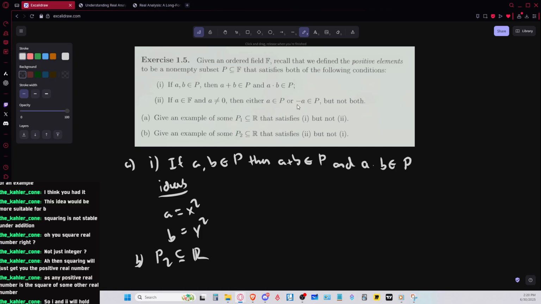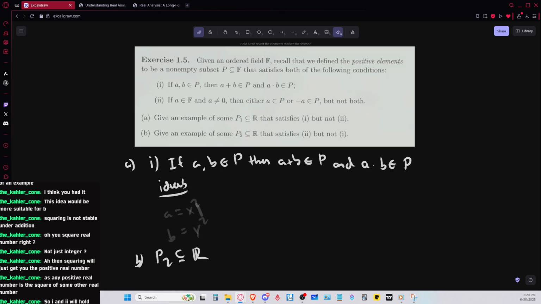But it says or, so I think the square root can better fit that criteria, so it probably doesn't work. Yeah, you are right. It's kind of like an or statement when you think about squaring a number, because it can be either positive or negative, but not both at the same time.